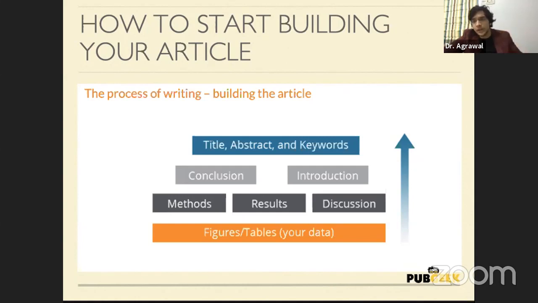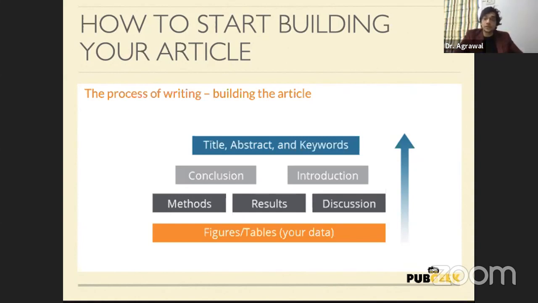Then the conclusion will flow very easily, because now you know what has been previously said, what you are saying, and what needs to be done in the future, right? So once you have that clear after writing your methods, results, and discussion, you'll be easily able to write the conclusion. Then your introduction just needs to be why you did this and what is the basic background of this whole thing, right?